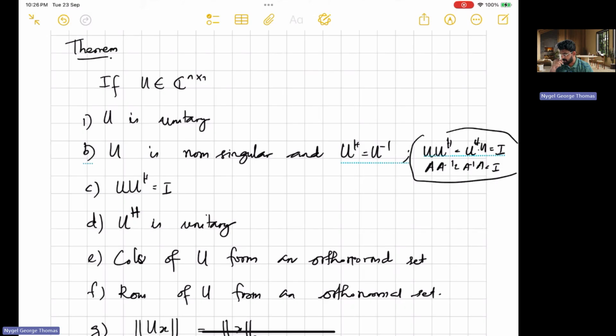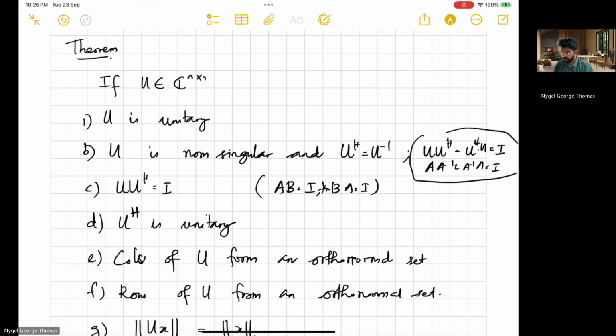You just basically have to take the Hermitian of it. If U Hermitian U is equal to I, then U into U Hermitian is also equal to I, because we've already seen that if AB is equal to I, then BA is also equal to I. This is something which we have proved earlier.